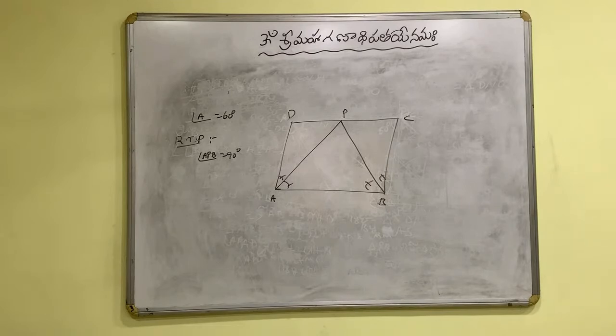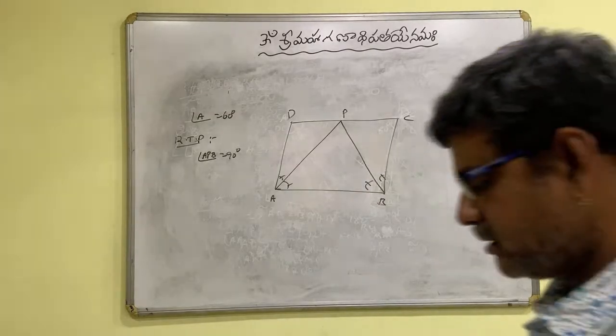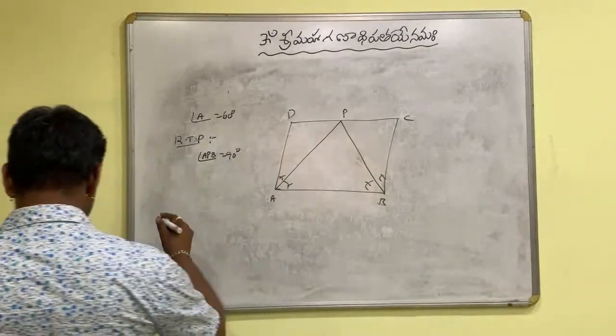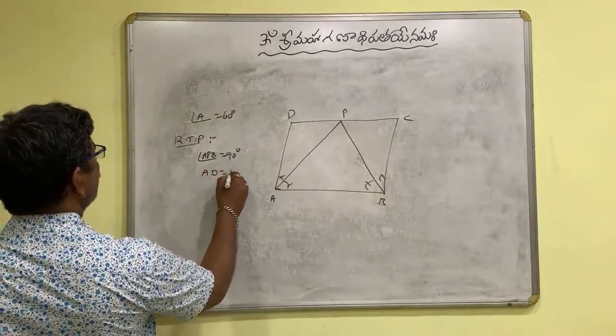Can you hear me, children? First, angle APB is 90. Second one, AD is equal to DP.